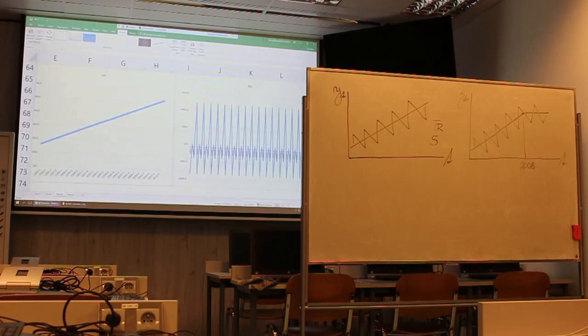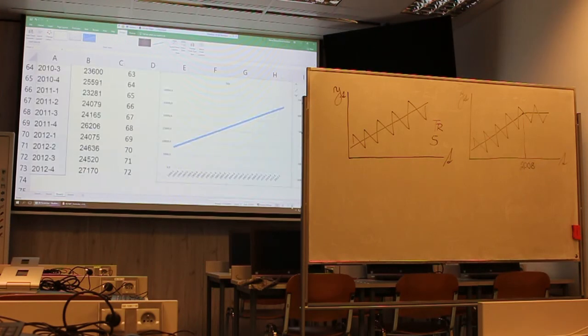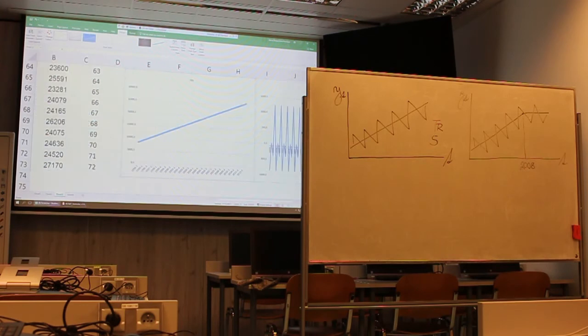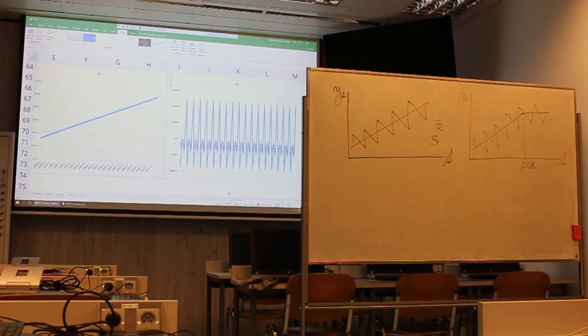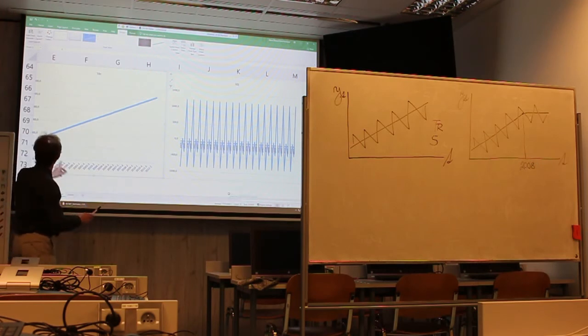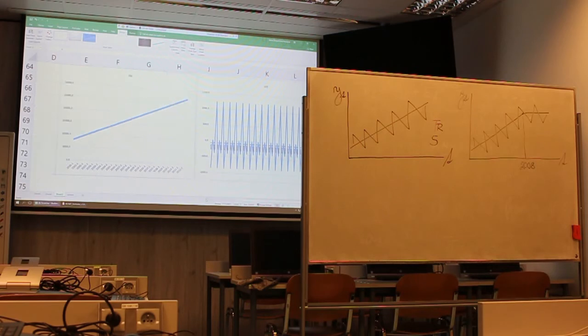So I will try to show you both charts. Okay. So maybe make this line thinner. In the case of the right chart, I used 1.25 points.